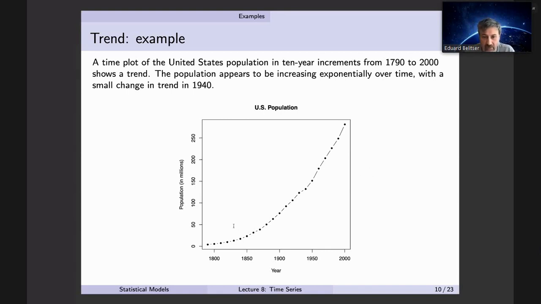It's been growing all the time, and you see here a small cusp, a small irregularity in the pattern, which has to do with the Second World War, I guess. But anyway, there is apparently a trend here. So you cannot say it's stationary, absolutely not. There is a trend here. So this is a very relevant problem, to extract the trend here.